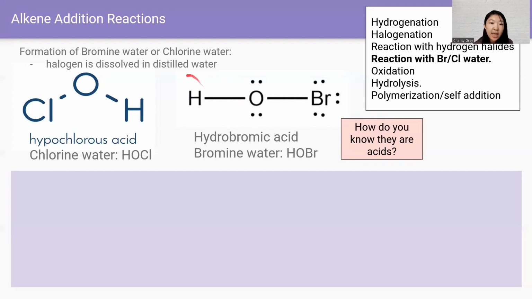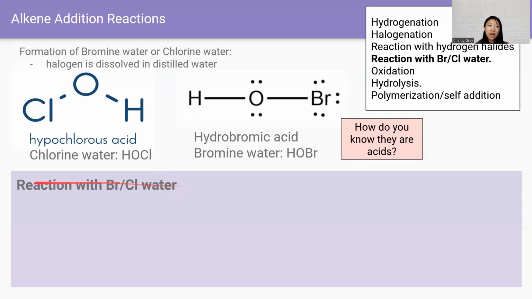So they're stable and can lose the hydrogen very easily. They cannot accept hydrogens. Even though it looks like an OH group, it can't take any more hydrogens because it already has 8 valence electrons and it has the bromine or the chlorine. It's not going to take more hydrogens, but it can give up its only hydrogen.